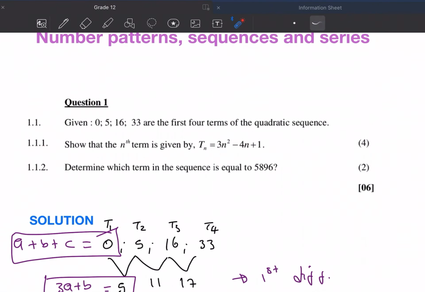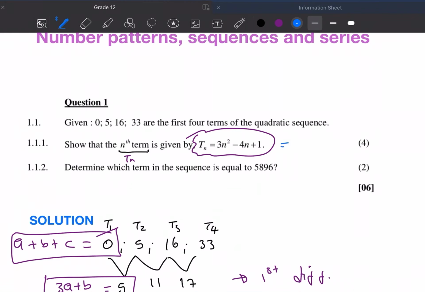1.1.1, they are asking us to show that the nth term, so when they say nth term, they're talking about Tn. Show that Tn is given as follows. So they want us to prove that Tn is equal to 3n squared minus 4n plus 1.